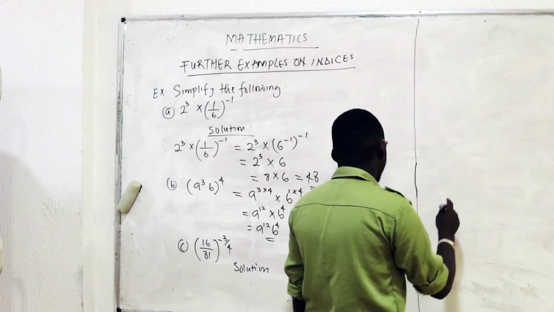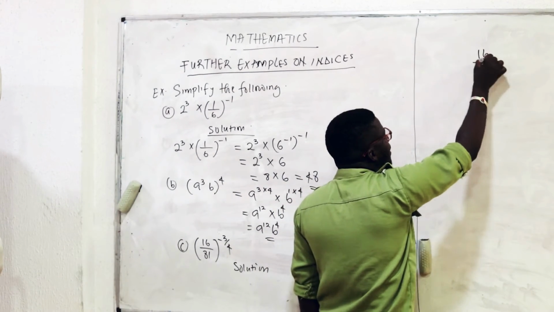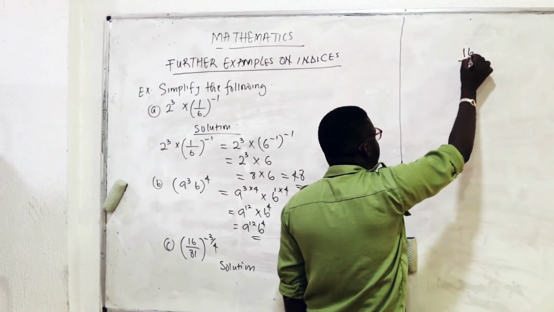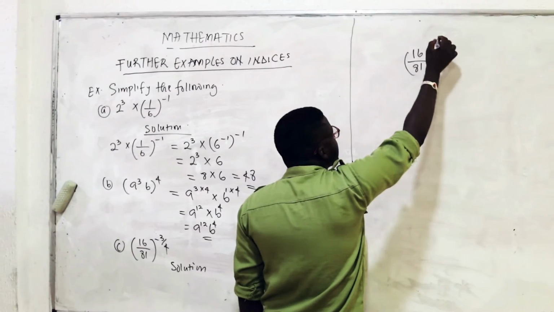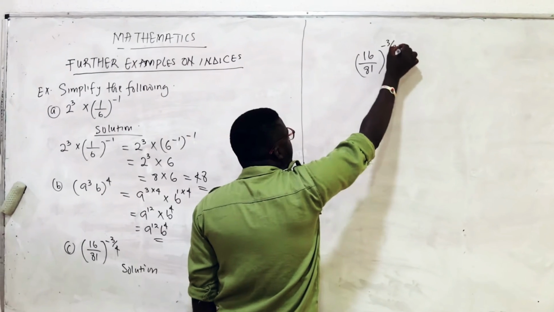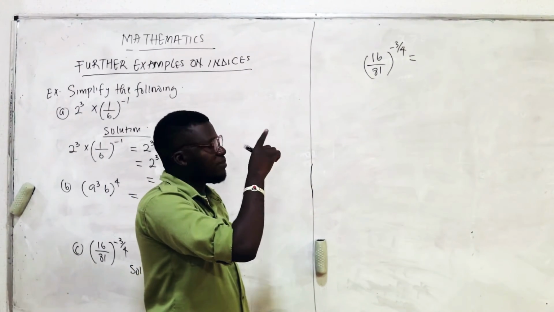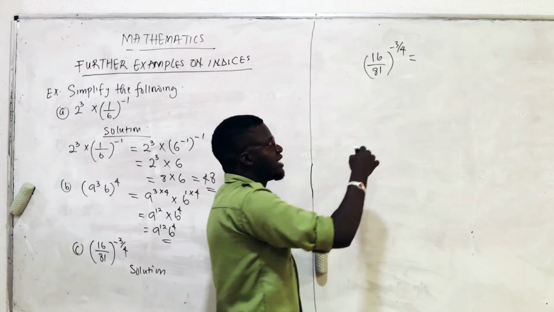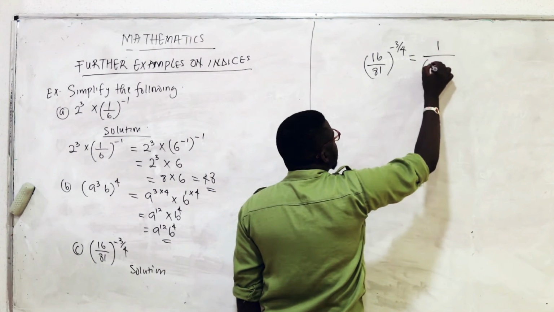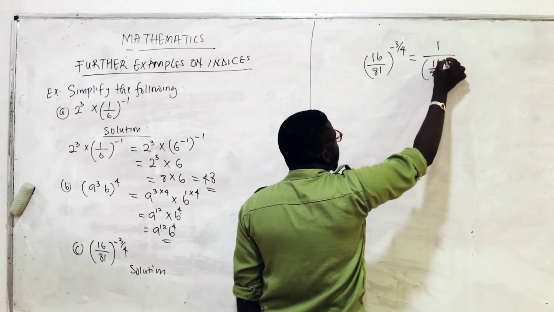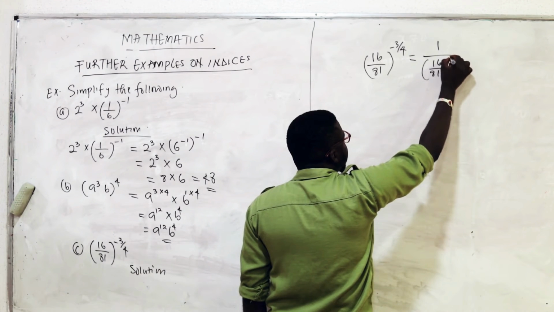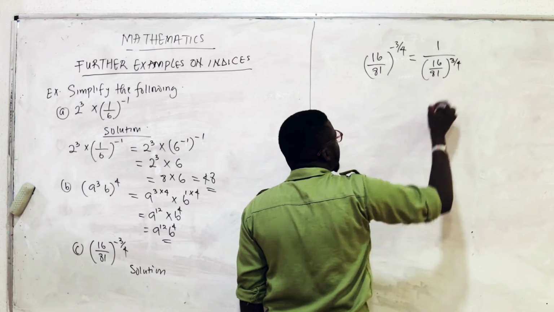If I'm solving this, I'm going to have 16 over 81, all in bracket, raised to minus 3 over 4. Now the power is negative. As a result of that, I can say 1 over 16 over 81, in bracket, raised to 3 over 4.